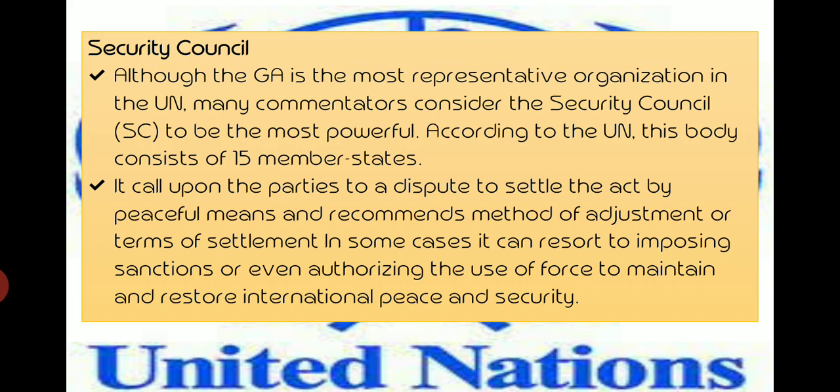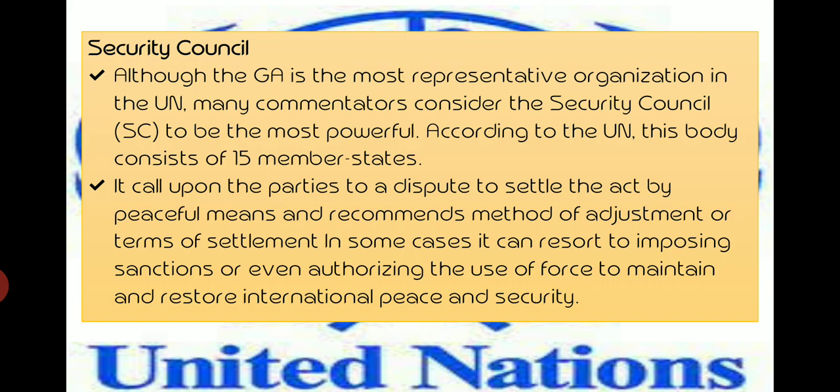15 member states ang nasa Security Council. Yung 10 dyan sa member states na yan is nai-elect for 2-year terms. But the other five states are considered as the P5 or the permanent five.